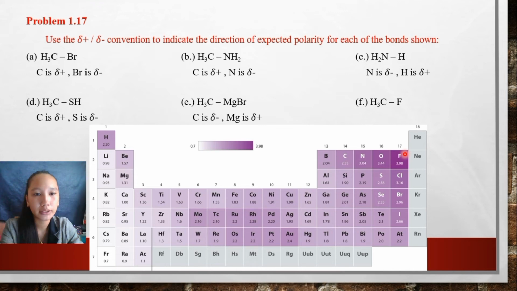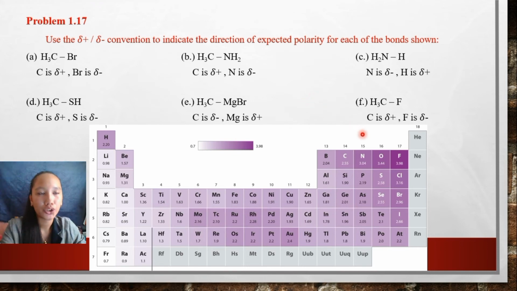Comparing these two elements, we can see here that F is more electronegative than C because F has a value of 3.98 and C has the value of 2.55, right? So our answer is C is partially positive and F is partially negative.